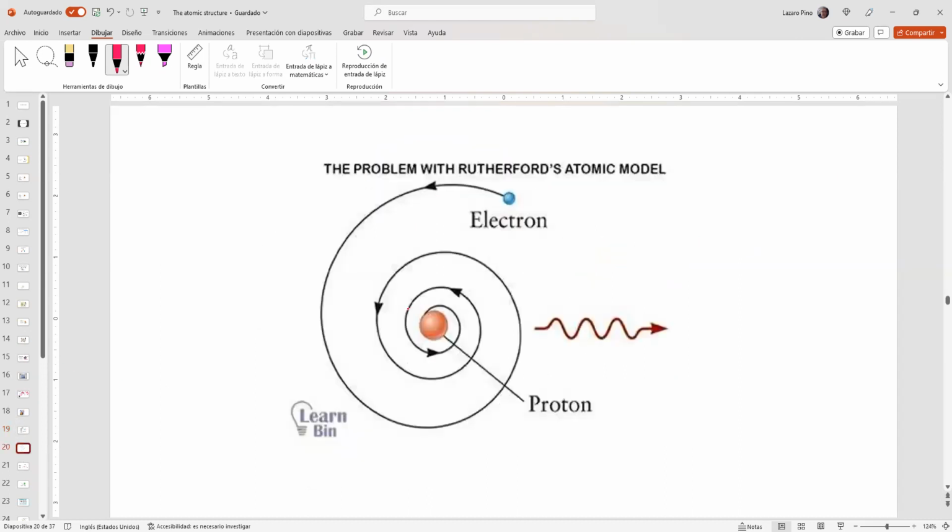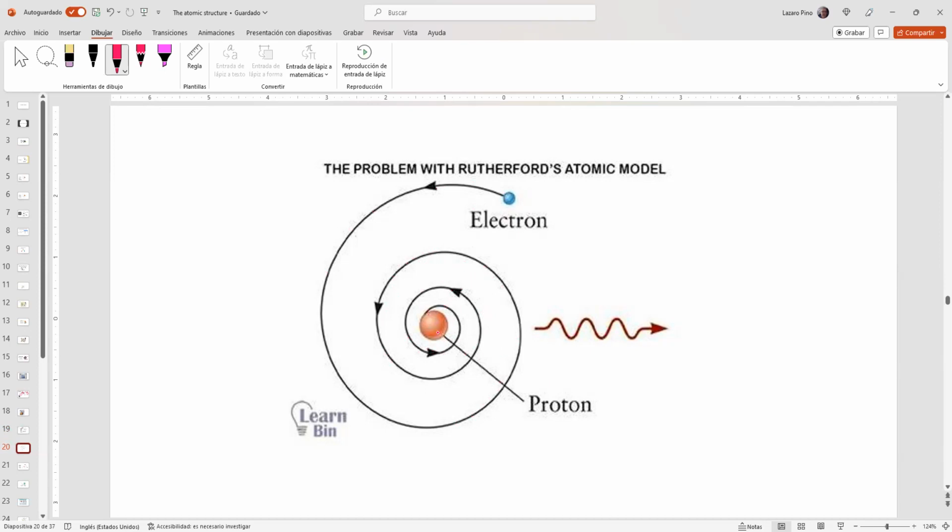Well, let's continue. What was the problem? If the electron were spinning around the atom, it was supposed that because of the movement, the electron was losing energy and changing position around the nucleus, and at a certain time would bump against the nucleus.